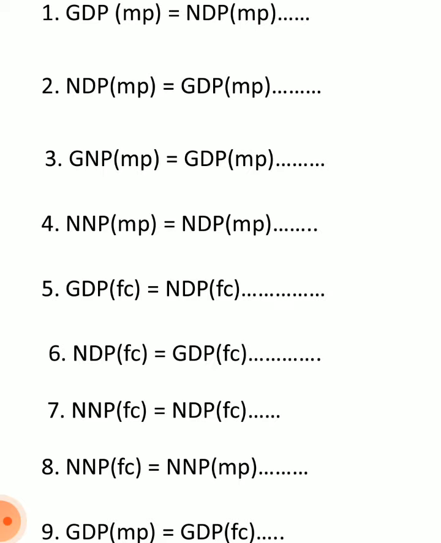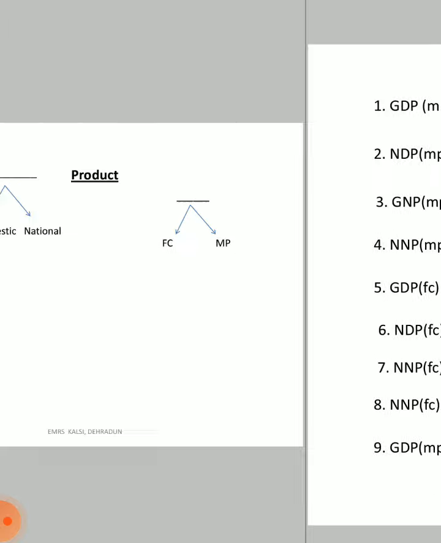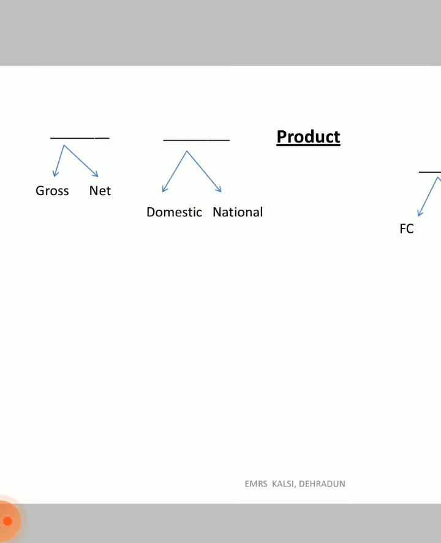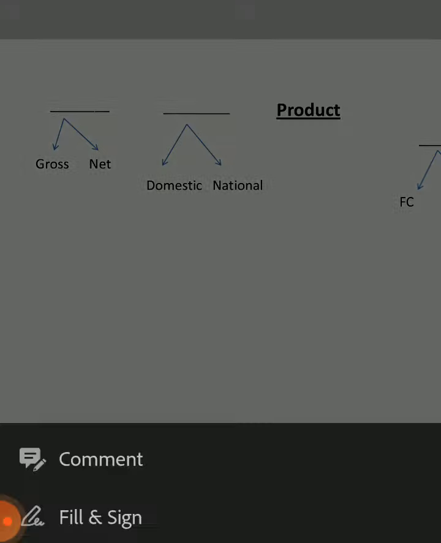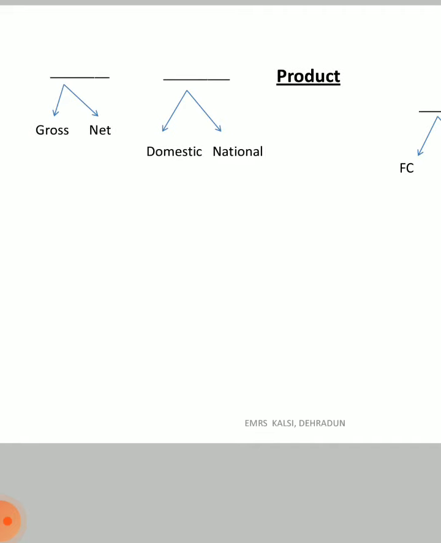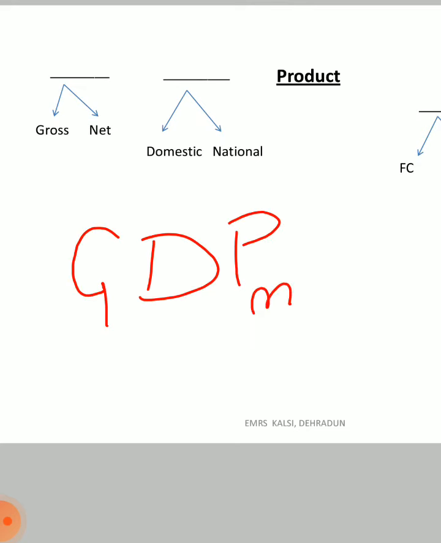Before conversion, I would like to tell you the method of writing. Suppose we have to write GDP, and at the bottom MP. How will we pronounce it? We will pronounce it GDP at market price, but we will write it like this.